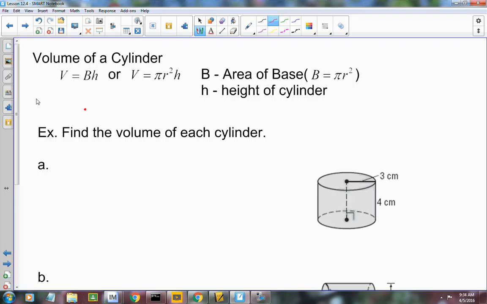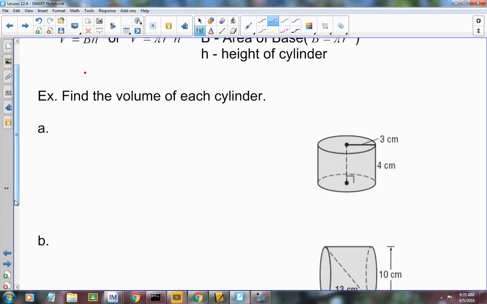With a cylinder, same formula, area of the base times the height, except the area of the base is always pi r squared, right? So it's pi r squared times the height, and that's the height of the cylinder. So we want to find the volume, pi r squared times the height, and it gives me everything that I need. What's my radius? 3.